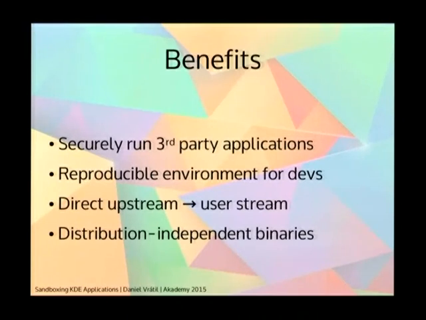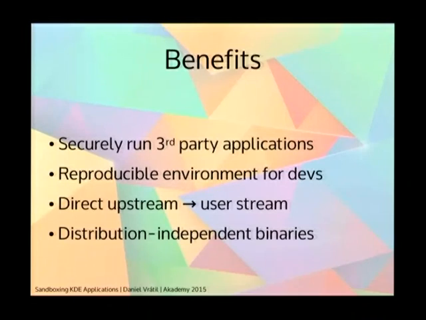The third point, direct upstream to user, is that we can get rid of the packagers. Upstreams can provide binaries of their applications and ship them directly to users. Today, you need packages because each distribution is different, so you need to compile again and again for each distribution.